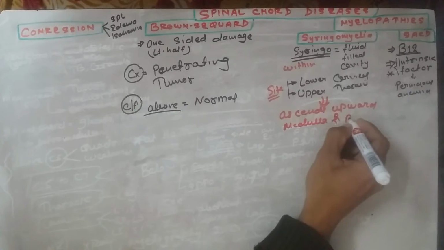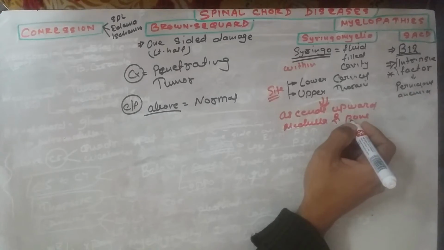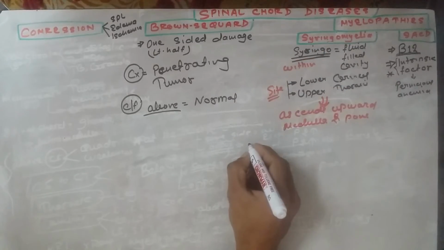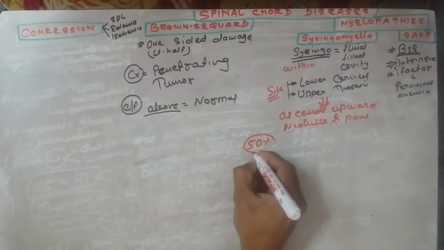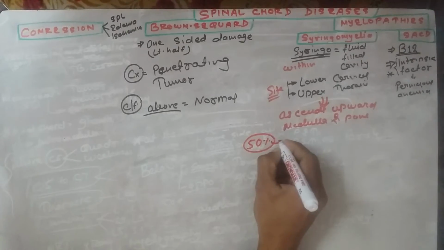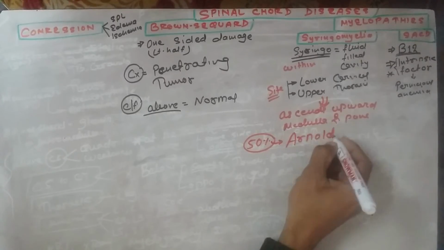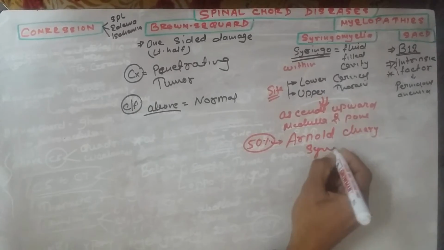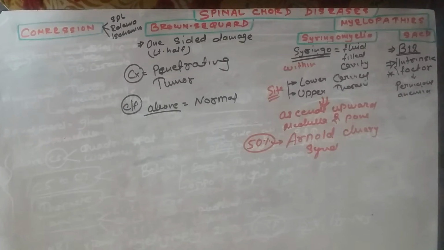It ascends upward towards the medulla and pons. The second important thing in Syringomyelia is that about 50% of Syringomyelia is associated with Arnold-Chiari syndrome. Arnold-Chiari syndrome is cerebellar tonsillar herniation via the foramen magnum.